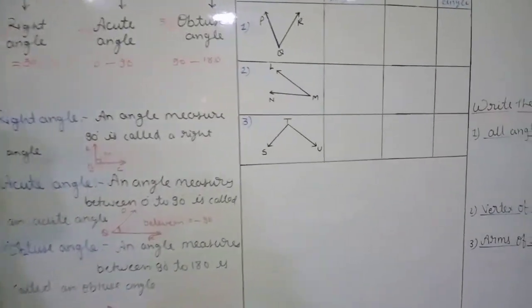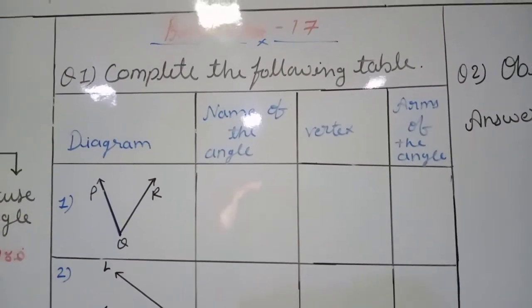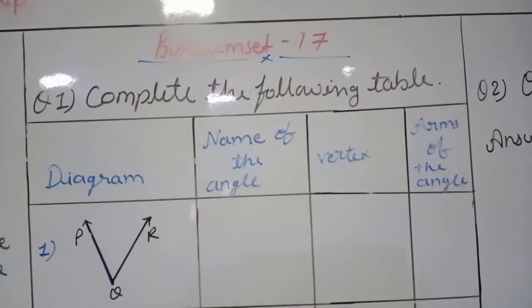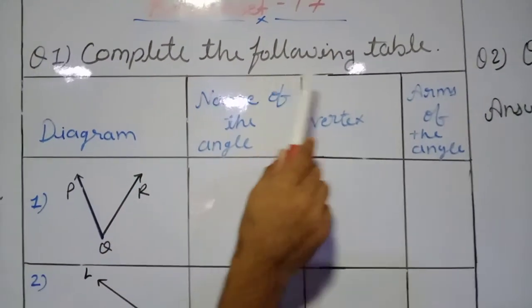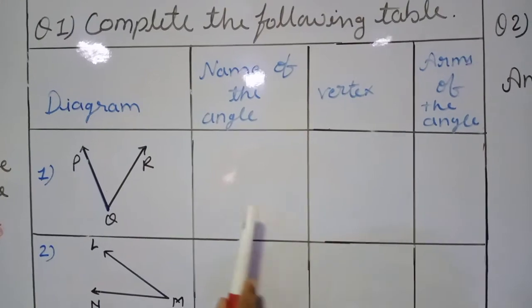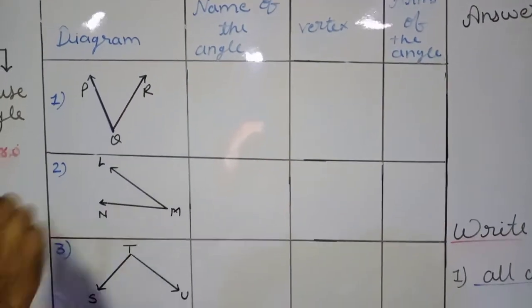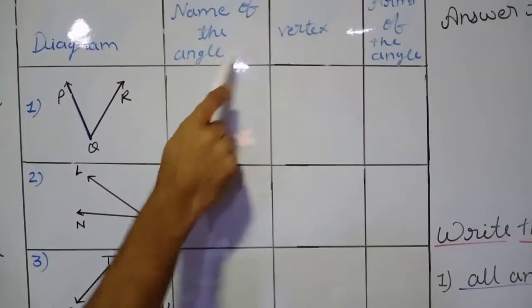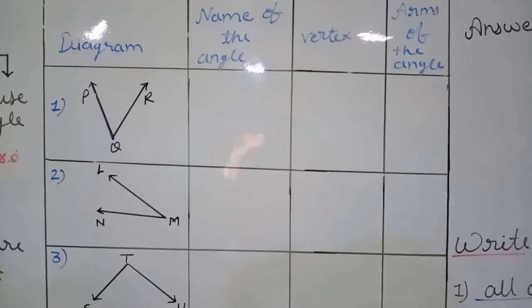Now we proceed to our problem set, problem set number 17. Question number 1 is given. Complete the following table. Here we have a table with 4 columns: the diagram, the name of the angle, the vertex, and the arms of the angle.